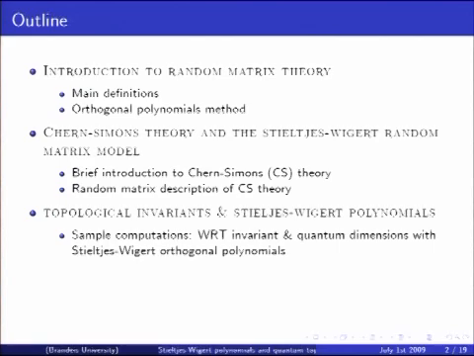Then a more complicated invariant called the quantum dimensions will also be computed with the same polynomials, but then it's not so direct like the first one. So things get difficult quite fast, but analytical computations are possible, and I will show the results. Okay. Then, since the title of the workshop is discrete systems and special functions, I will show you that the model that will appear here, which is a continuous model, can be discretized while keeping its meaning intact.